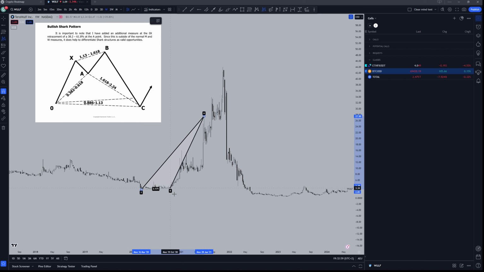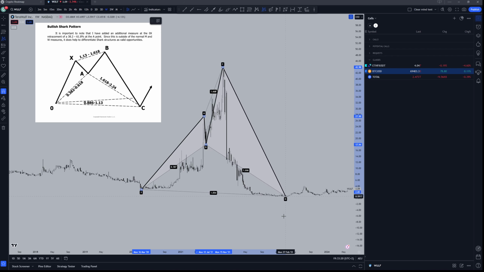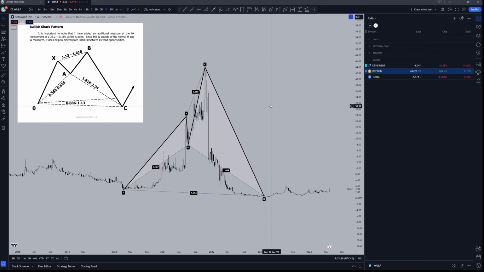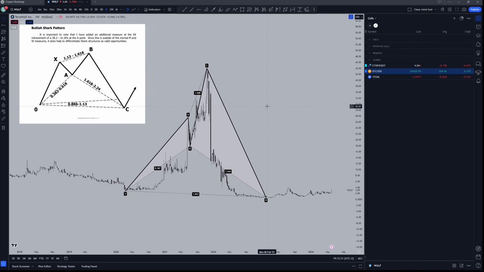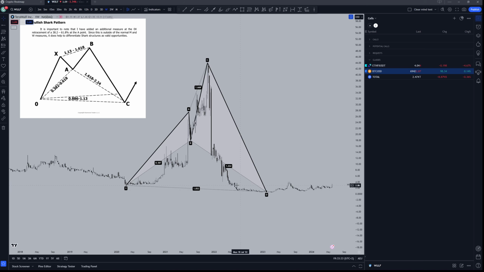So if you put your X at the bottom, your A at the first top, you'll see that the B point will immediately be a 0.382. So you can use this level. That's how we almost always instantly know it's a shark, because you know it's going to be an extension. You know your C point is going to have to be higher, and your B point is a 0.382. So we can simply place the C at the highest point here and the D at the next low. And this will align perfectly with a shark. So that's how you would know that this would be an area of reversal.